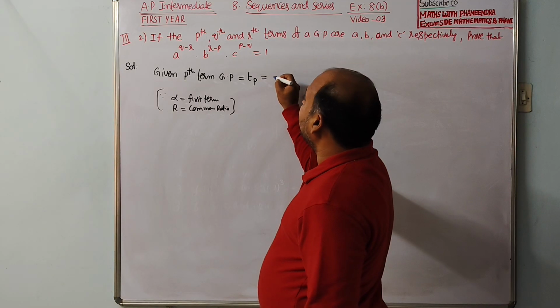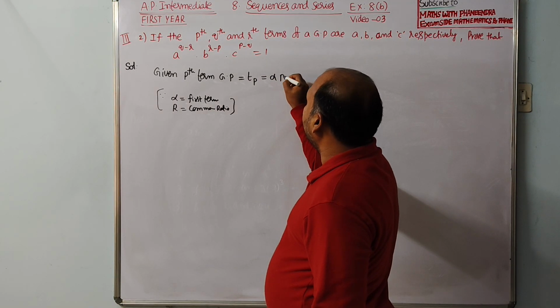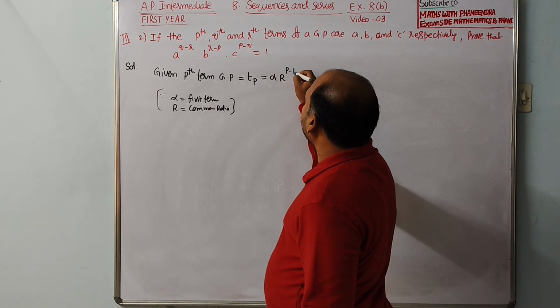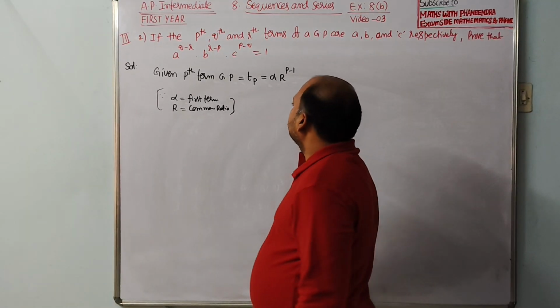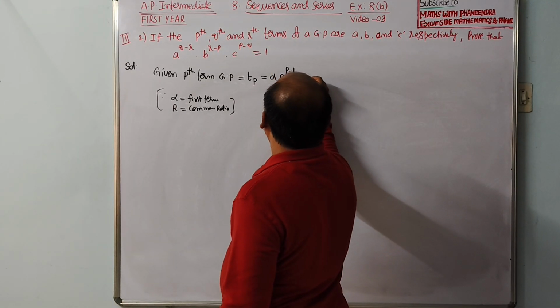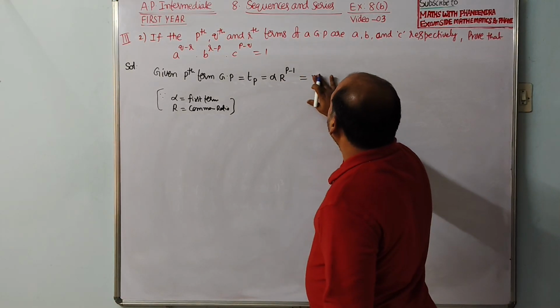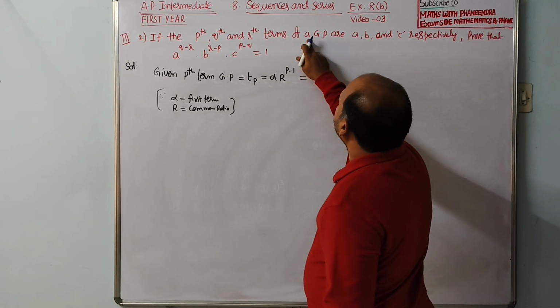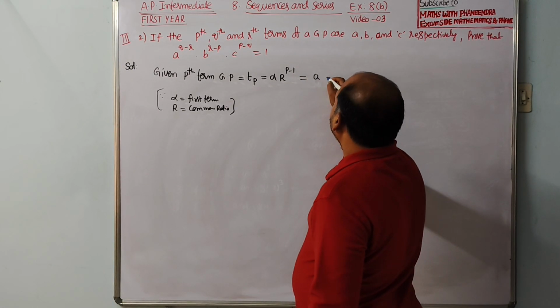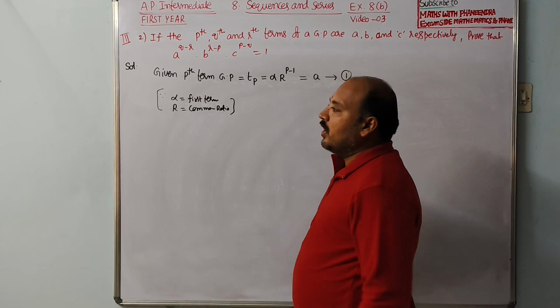So Tp means alpha R power p minus 1. Are you able to understand, dear students? So this is about Tp. This value is equal to a. So a is given, equation number 1.